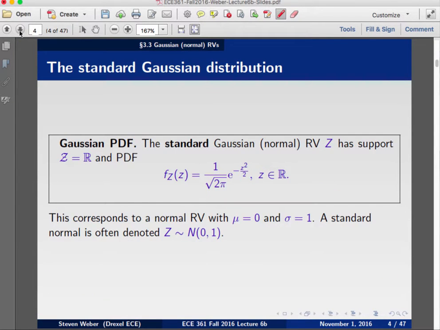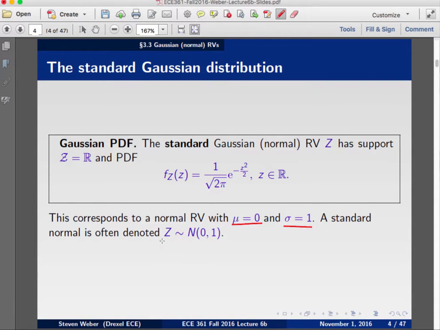I mentioned the standard values for mu and sigma on the previous slide, and as we'll see, the standard Gaussian normal plays an important role in understanding the behavior of the general normal. And as is also convention, we will use the capital letter Z to indicate a standard normal. So again, a standard normal has parameters mu equal to 0, centered at the y-axis, and sigma equal to 1, meaning the variance is equal to 1.